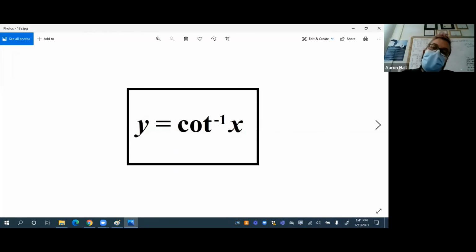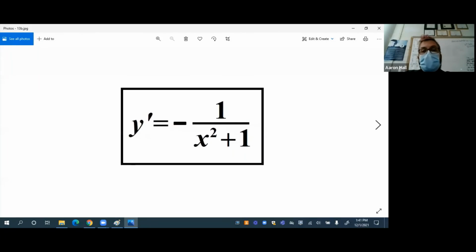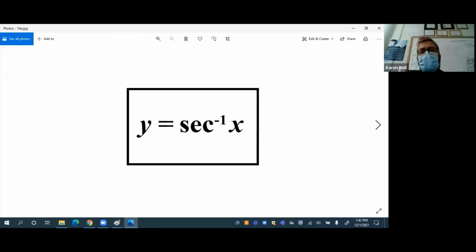What is the derivative of the inverse of cotangent of x? Yeah, it's the same one as the tangent one, but it's negative because it's a co-function. So we have negative 1 over x squared plus 1. What is the derivative of the inverse of secant of x?